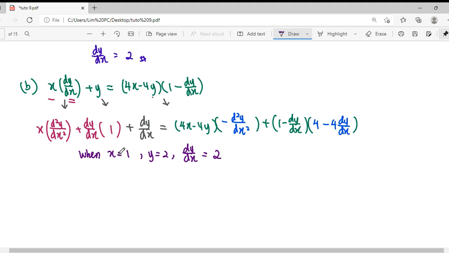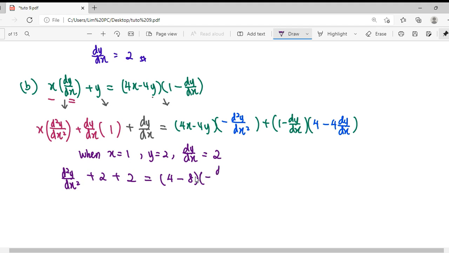So we're going to substitute this. Substitute x is 1, d2y dx squared, and substitute dy dx as 2. So here will be 4 minus 8. Okay, 4 times 1 is 4, 4 times 2 is 8.